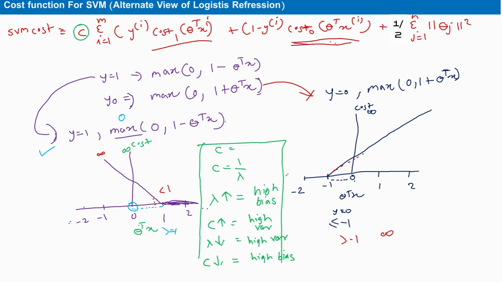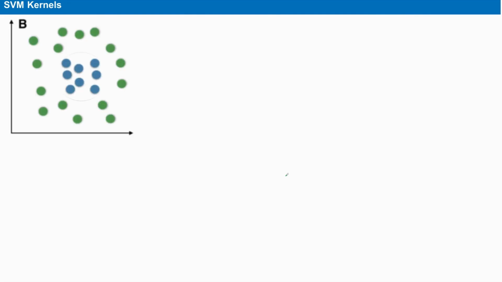Okay, so now let's move to the SVM kernels. As I said, when you are dealing with non-linear data, like for example this kind of data, with the help of the SVM kernel we can get the proper hyperplane in the high dimensional space, which can separate the positive examples from the negative examples.